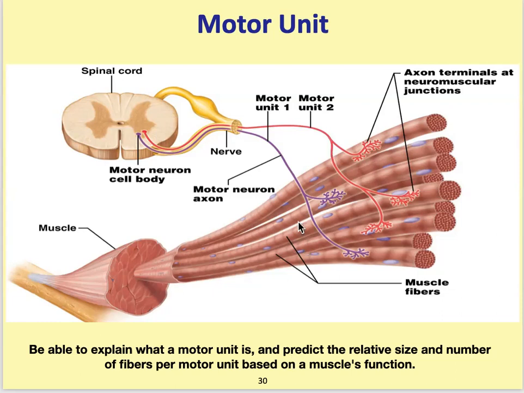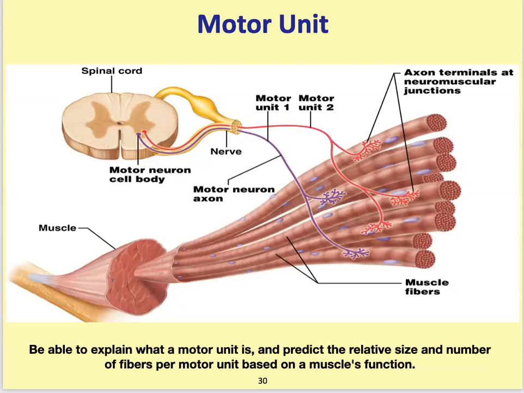And so when that motor neuron fires and transmits an action potential, it will cause all the muscle fibers that it innervates to contract. Okay, and the number of muscle fibers per motor unit may be as high as several hundreds or as few as 4. Actually, in some cases, it can be up to thousands.